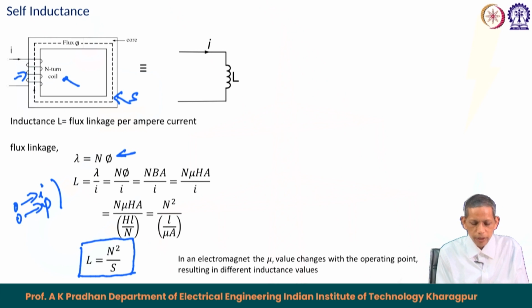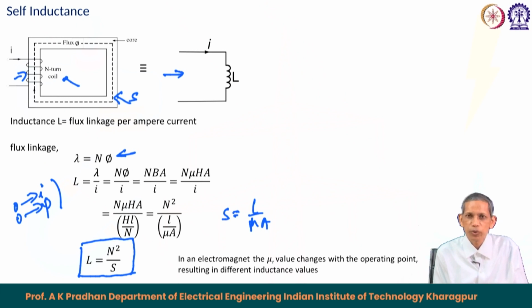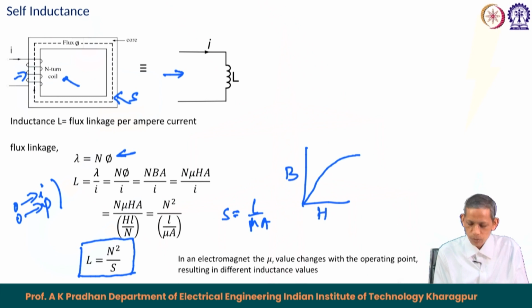So, for such an electromagnetic arrangement, if you model it, then the corresponding inductance of that electromagnetic circuit becomes L equals N square by S. Now, note that this S is L upon mu A. We know that the mu value equals mu naught into mu r, and the mu r comes from the B H curve, or B H loop, whichever you consider for your analysis.